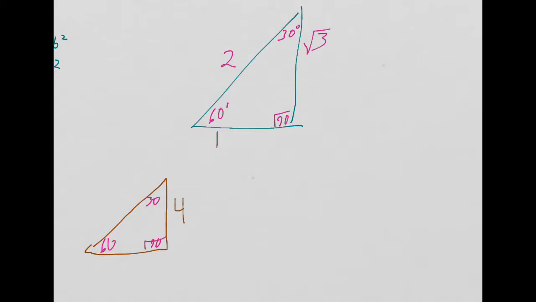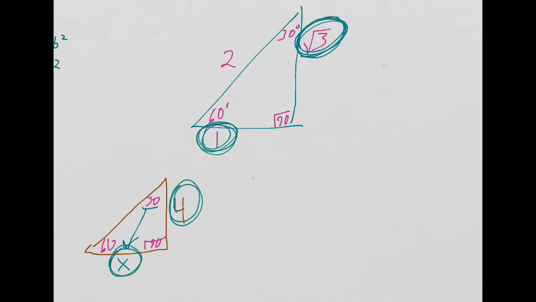And so I said, okay, you have that. I want you to find this side, the side opposite my 30. Okay, so I'm looking at this side right here. I know this side on my 30, 60, 90 triangle. This side is 4. I'm trying to find x.